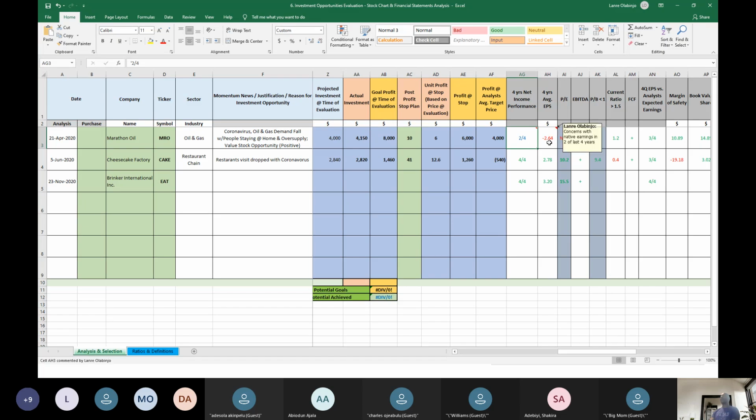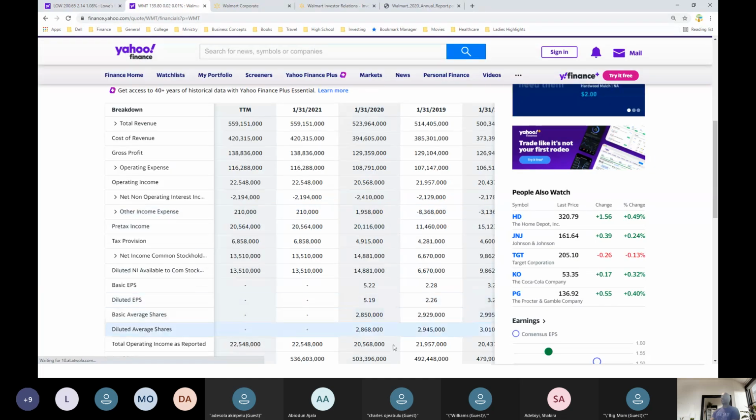Okay, what is the 4 years average earnings per share? Okay, 4 years EPS. So again, you can go back to the income statement and check the earnings per share.